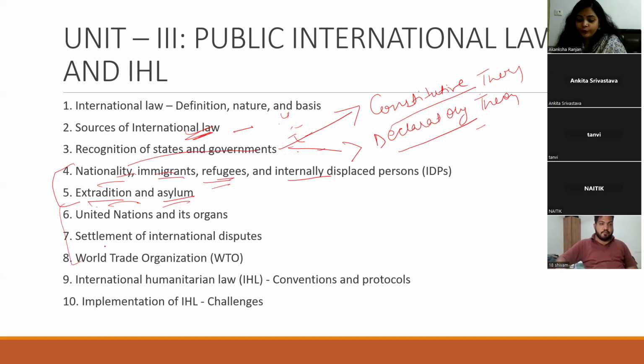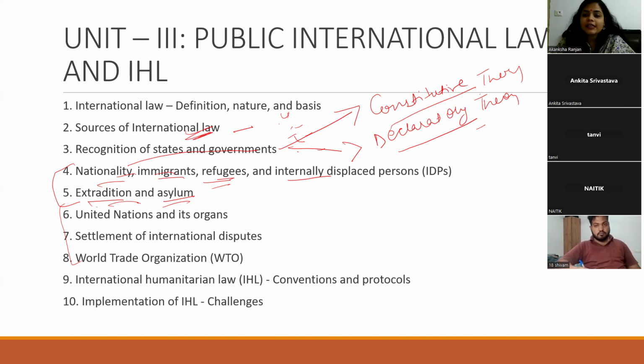Now, when we come to the UN and its organs, it is a complete vast topic in itself. But for the last minute, I would tell you to either cover the PYQs. If you are doing the PYQs, that will help. Otherwise, just understand that there are various organs of the United Nations.